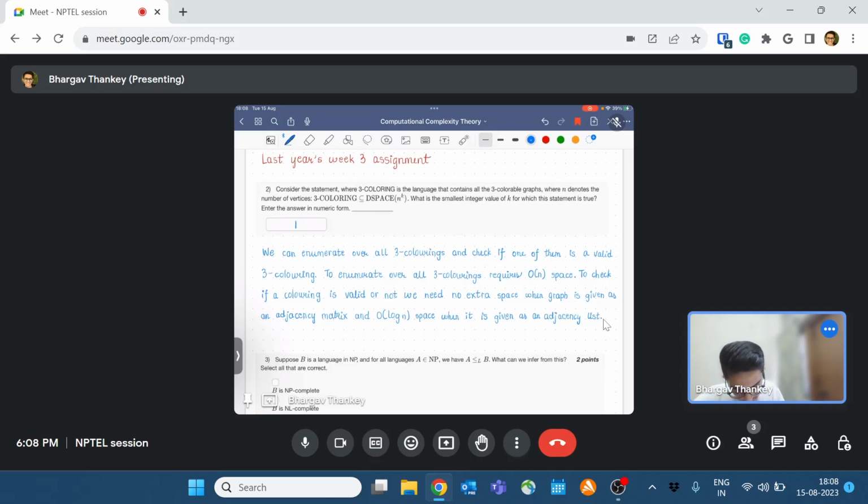Total space is order n from the enumeration plus order log n, so that's just order n.